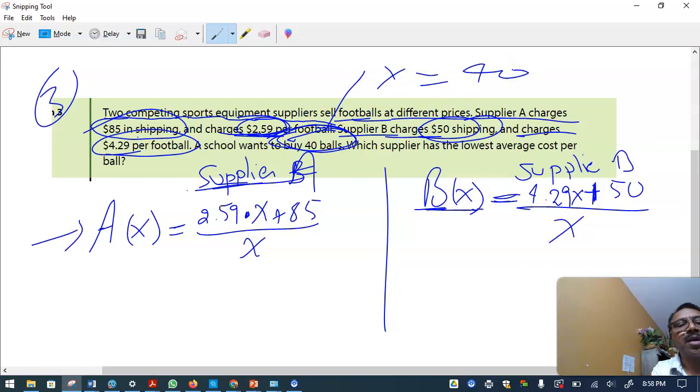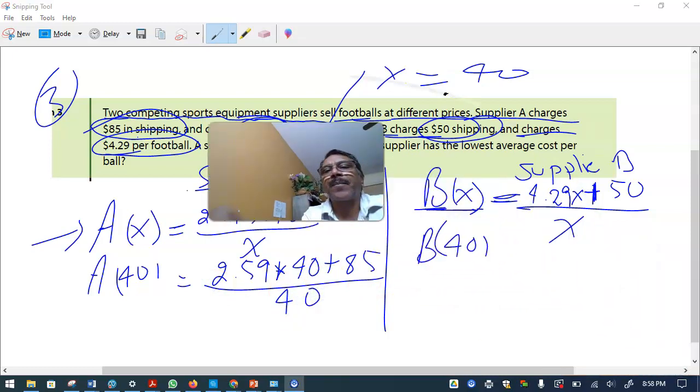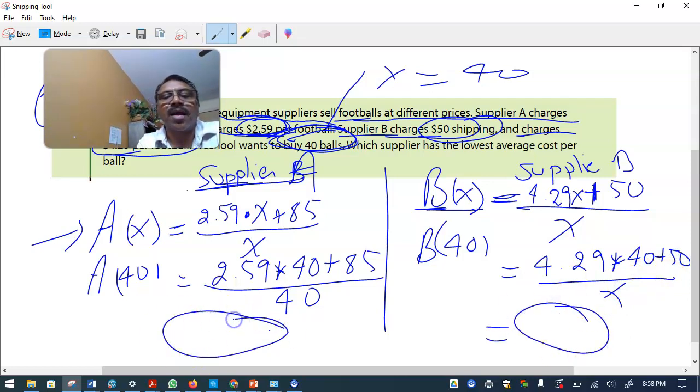So you just have to put A of 40, and write 2.59 multiplied by 40 plus 85, divided by 40. You have to write these steps. Okay? And then on the other side, you put B of 40 equals 4.29 times 40 plus 50 divided by 40, and then figure out this answer, and that will give you which supplier has the lowest average cost per ball.